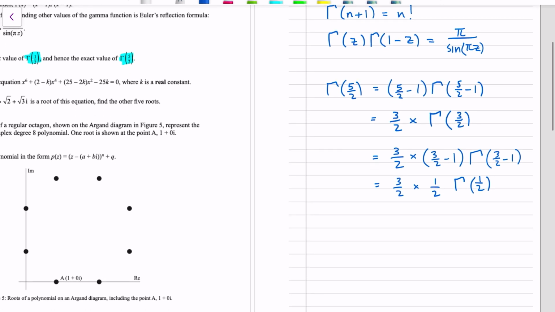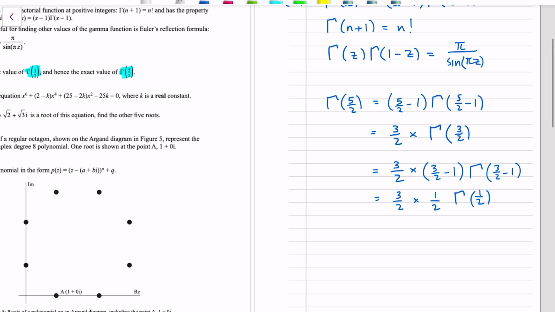So we've exhausted all of our options for the first formula because, like I said, when we put 1/2 into it, it went into negatives, which means we can't use the other gamma function. But what we can do is use the third formula. So the reflection formula, gamma of 1/2, making z 1/2, multiplied by gamma of 1 minus 1/2.